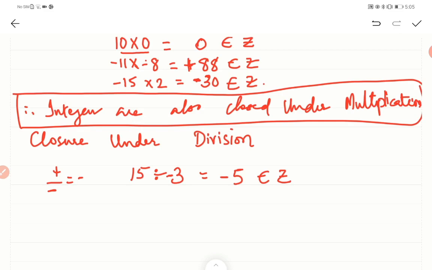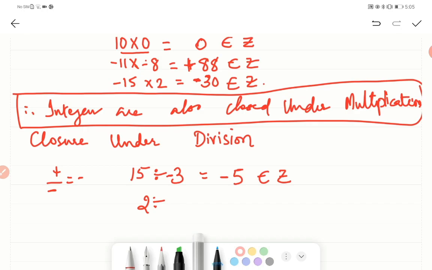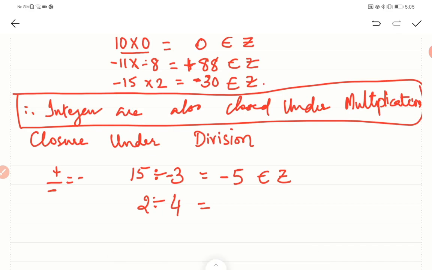Yes. Now tell me the scenario like 2 divided by 4. You can take 5 also. So 2 divided by 4. What is the answer for this? It will give you 1 by 2 in terms of fraction, or you can say this as how much? 0.25.